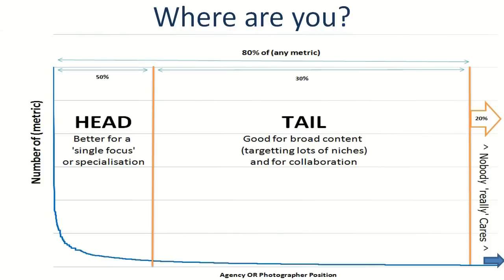Or as a photographer, how likely an agency is to not necessarily accept or reject your work, because that's still a fairly equal system, but to understand how likely your work is to be promoted in search algorithms, or how likely it is to convert, ultimately what your IPI is going to be, is partly down to whether you're in the head, whether you're in the tail, or whether you're in the last 20% that frankly nobody really cares about, because they don't produce a significant enough revenue stream to be spending that much time on.